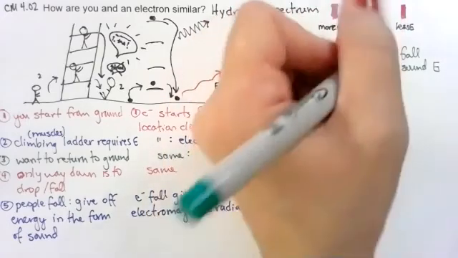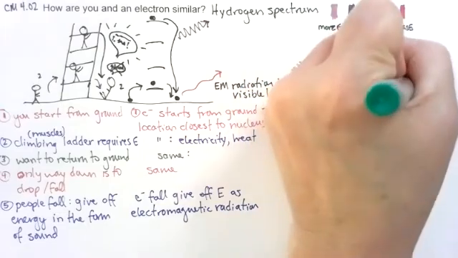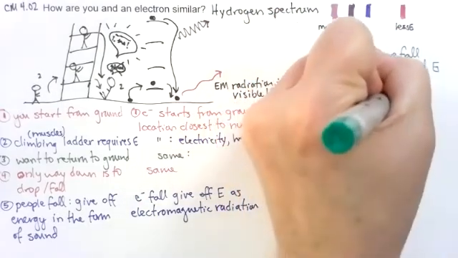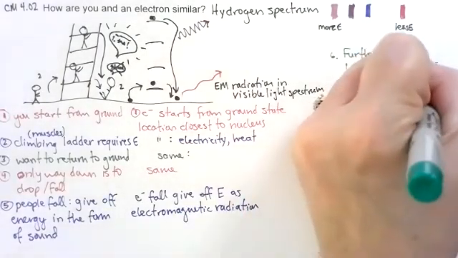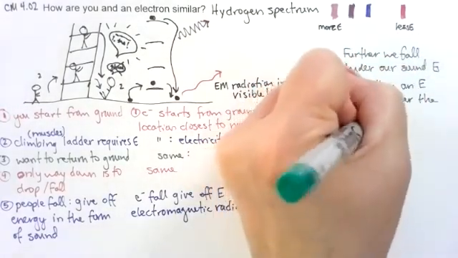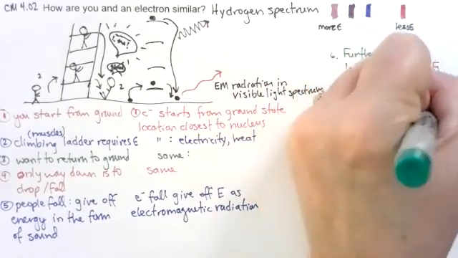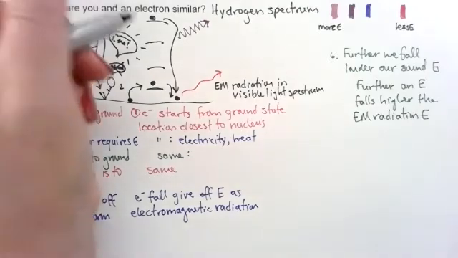So the further an electron falls, the higher the electromagnetic radiation energy. Well, so what's going to happen if I fall from the middle?